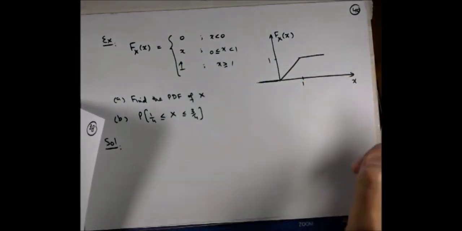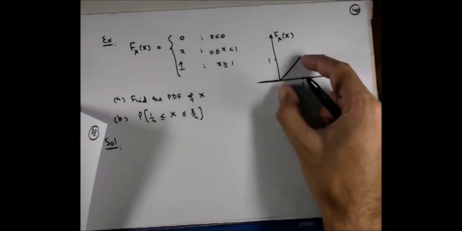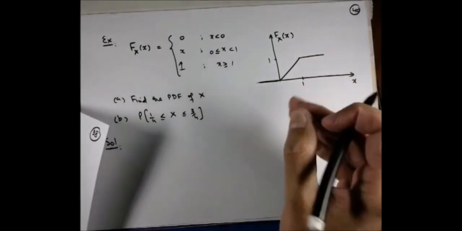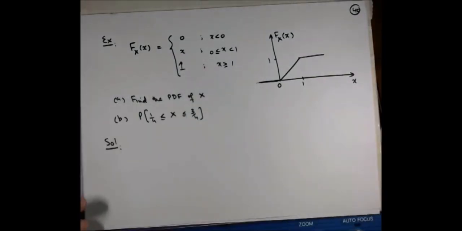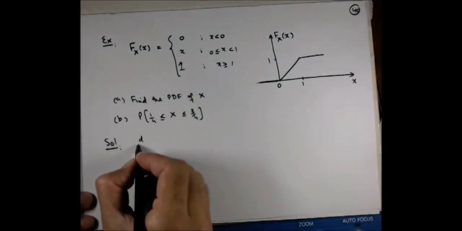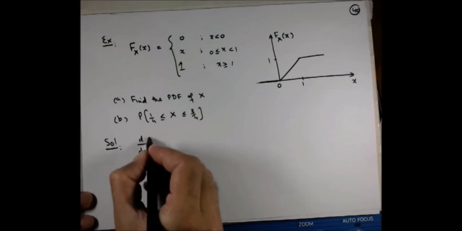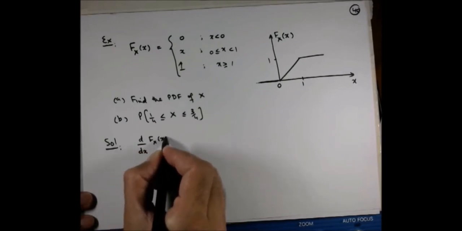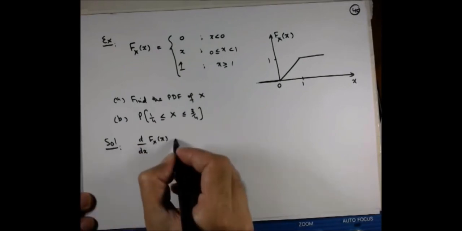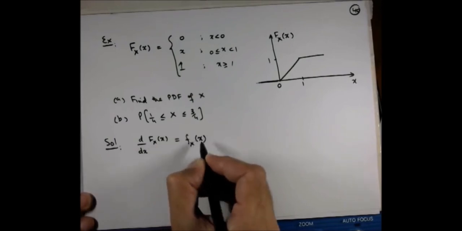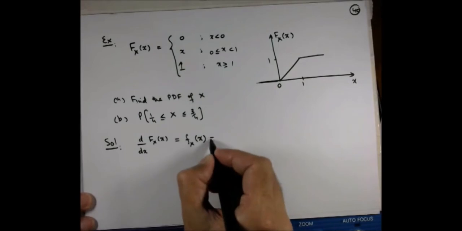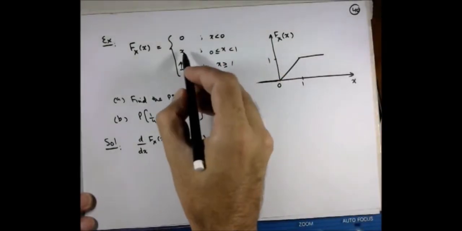Only the meaningful, non-zero derivative will be in this range from x equal to 0 to 1. So if you differentiate the CDF, you get the PDF of random variable x, and this is nothing but x.